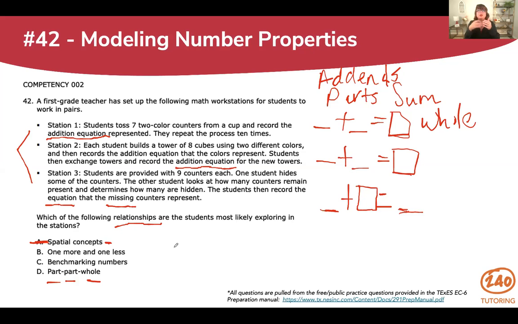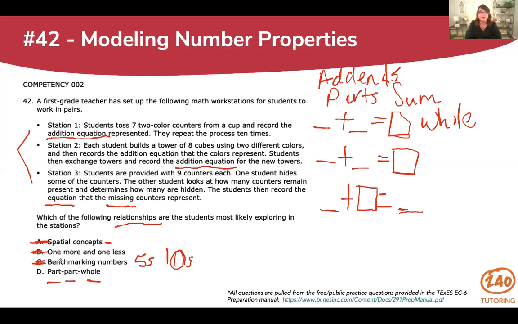So one more than 12 would be 13. So once kids know like their doubles, they can do one more, one less. Or once they know some benchmark addition or subtraction facts, one more, one less. So that's not what we're doing here. Benchmark numbers are looking at 5s and 10s to make the math easier and mental math easier. That's not what we're doing here.